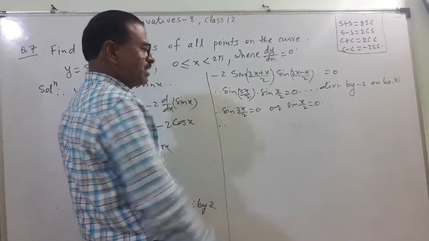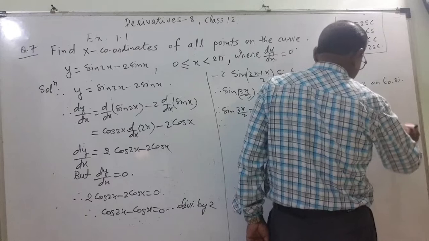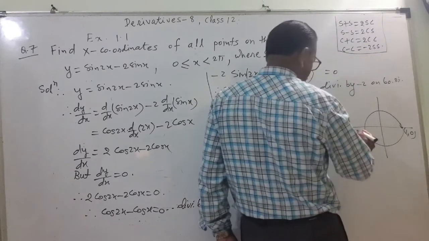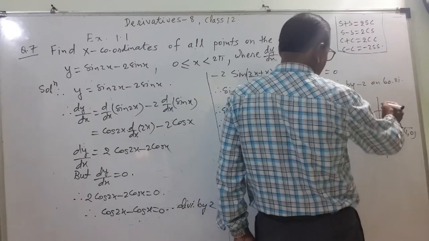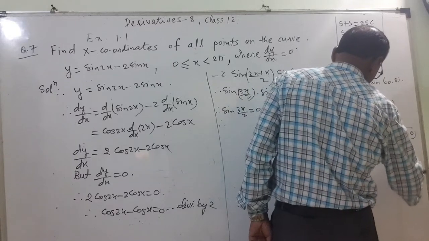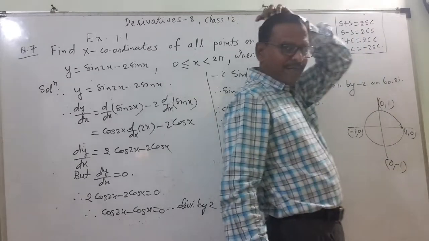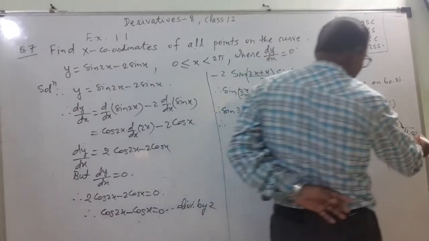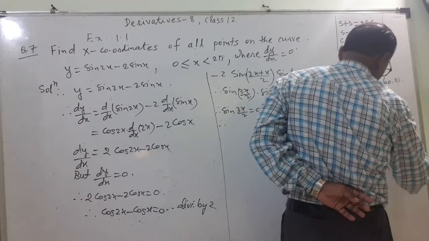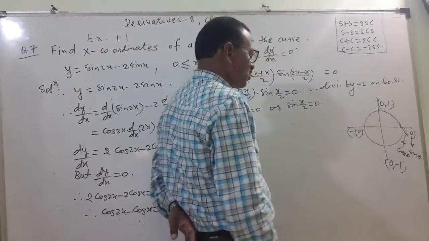Therefore, now whose sine is 0, that I have to search. In the unit circle we have done, the coordinates of this are 1, 0. This is minus 1, 0. This is 0, 1. And this is 0, minus 1. These are the quadrantal angles, on the axis. Sine means the y coordinate, and this is called cos. Where can sine be 0?